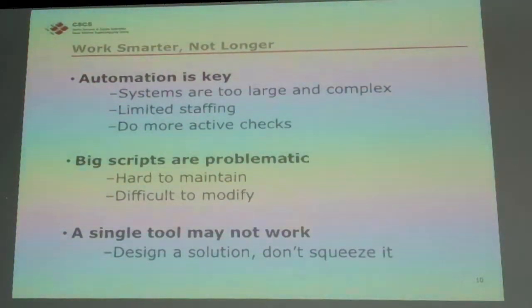They break very easily. They're difficult to modify. People become afraid to even adjust them, tweak them, add a new check because of what can go wrong. And then when it does break, how long is it going to take you to fix it? So a caution there is not to make them too big. They need to be manageable and maintainable.